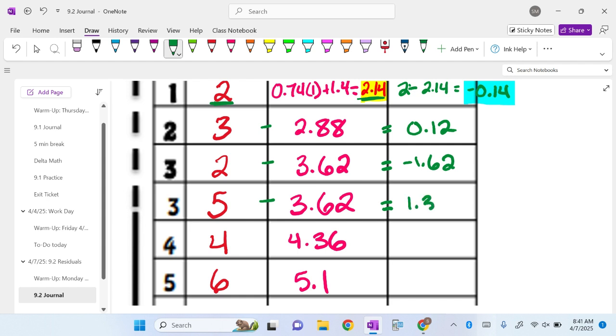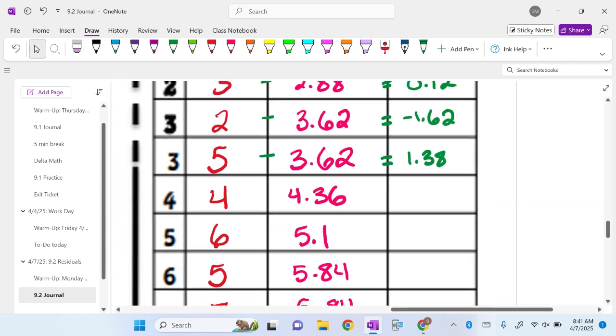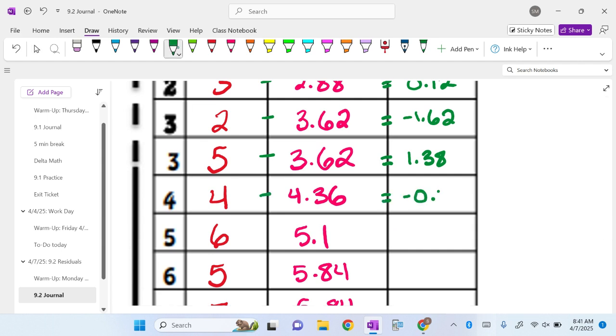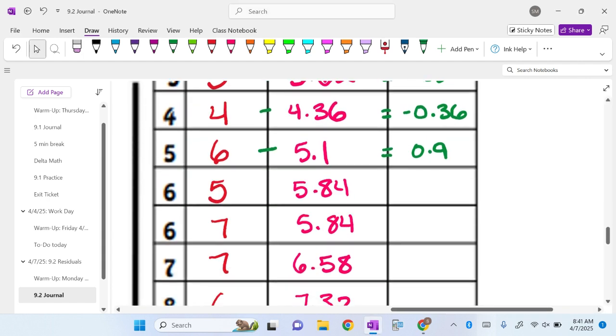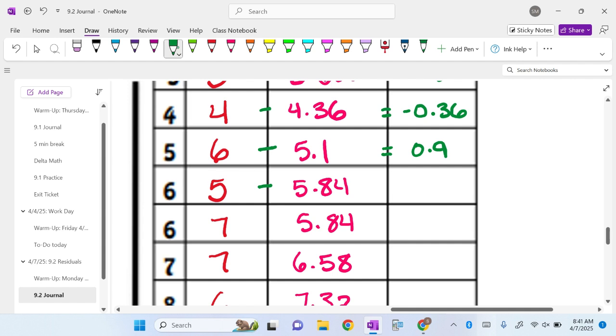1.38. Good. Then if we did 4 minus 4.36, what would we get? Negative 0.36. 6 minus 5.1, what would we get? 0.9. 5 minus 5.84, what would you get?